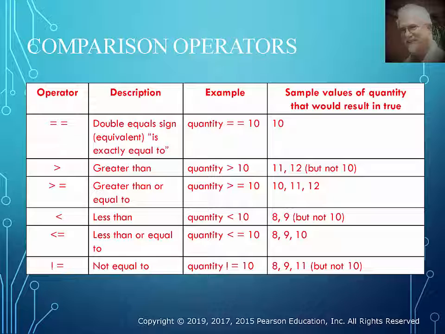So the quantity is the same as 10. Then greater than or equal to, less than or equal to, and the exclamation equals, which is not equal to. So the quantity is not equal to 10. So 8, 9, 11 would all be true because they don't equal 10. It's the very bottom here.